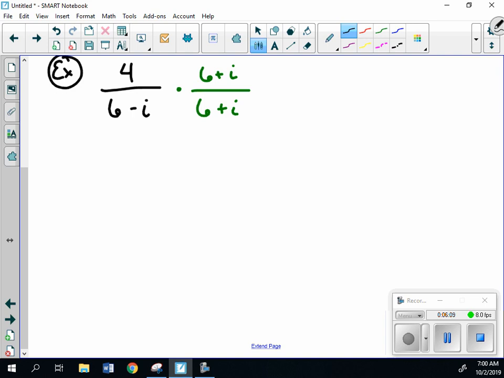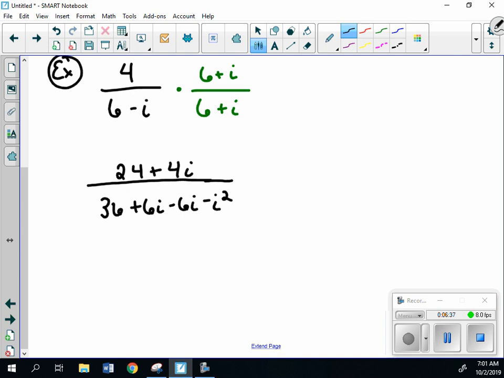But we all know that technically with multiplication, things are going to change a little bit. So we're going to go ahead and multiply. Looking at just the top, I'm going to have 24 plus 4i. On the bottom with my distribution, I'll have 6 times 6 to give me 36. 6 times positive i. Now that negative i gets distributed. And then I have negative i times positive i.